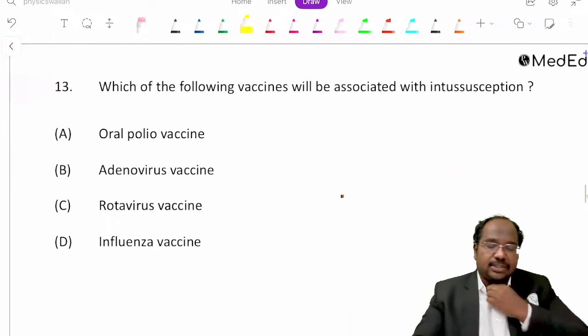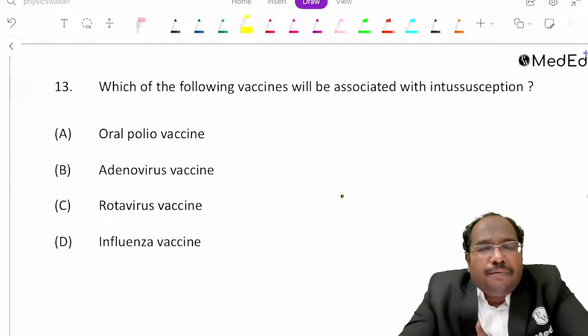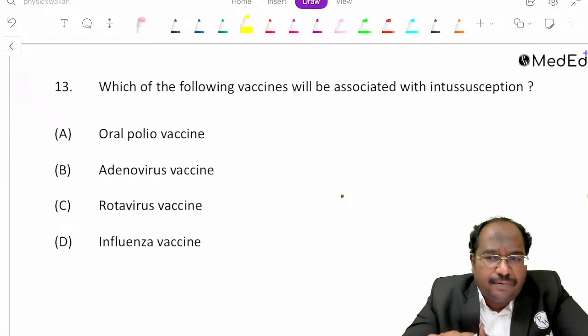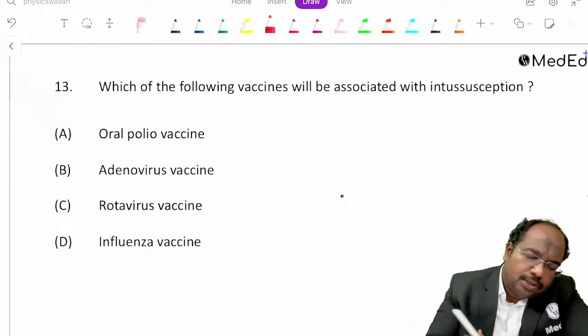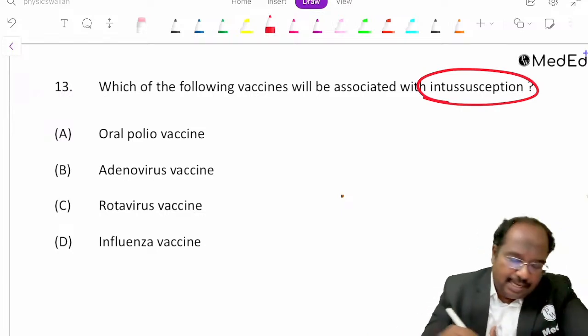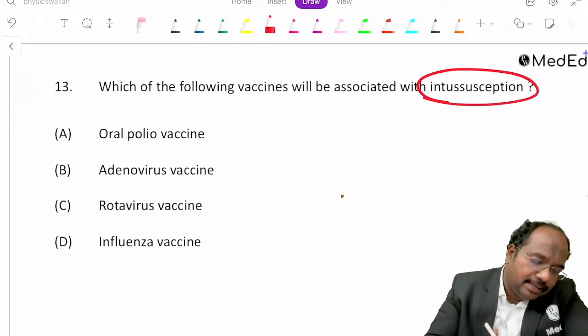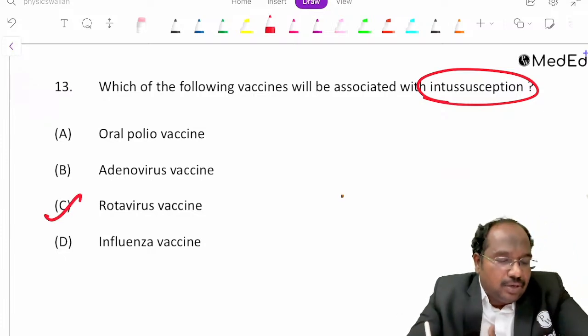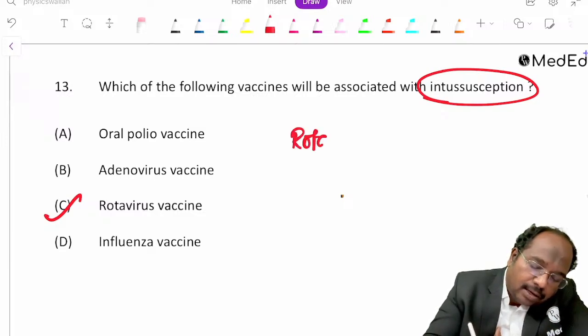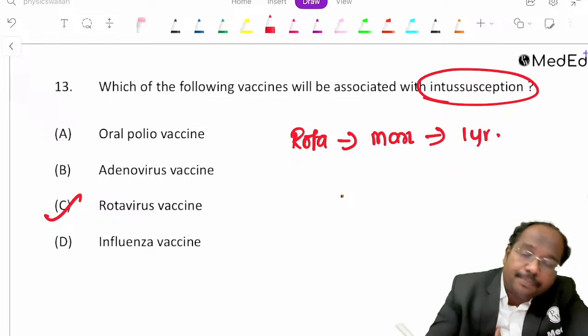Next question, guys. Which of the following vaccines will be associated with intussusception? The answer is rotavirus, guys. Rotavirus, if you take rota, it can be given for a maximum of 1 year.